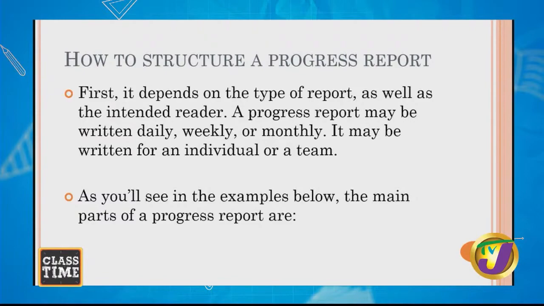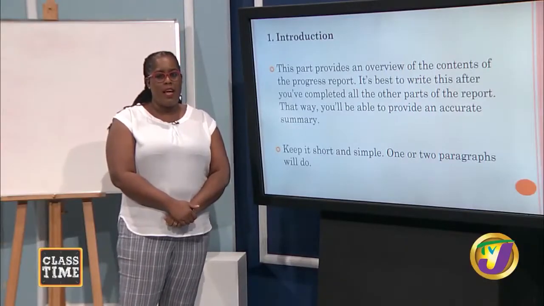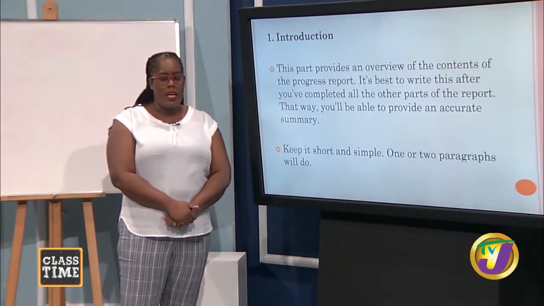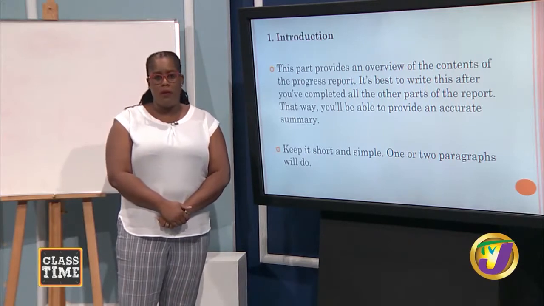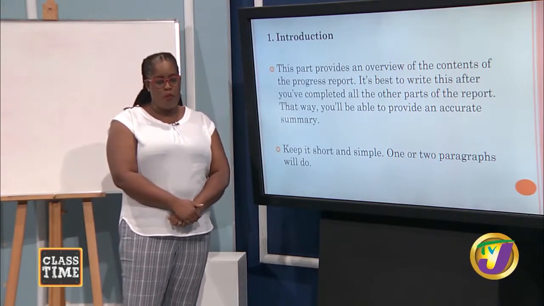As you'll see in the examples below, the main parts of a progress report are, 1, the introduction. Now, before we get to the introduction, I want you to understand that a progress report can be done daily, weekly, or monthly. So it is up to you as to how you want to write your progress reports.